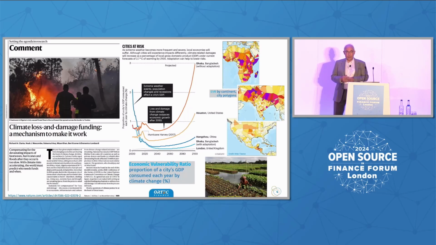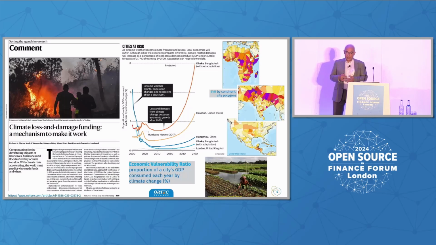And Professor Salim Ul-Hook was one of the leading lights in developing the loss and damage question and was probably instrumental in getting it agreed at COP27. And what we've tried to do in this paper is to set out the argument for the model that I just described and to give some illustration of the consequences of climate change on cities today and how that might go forward under the current warming that we have.